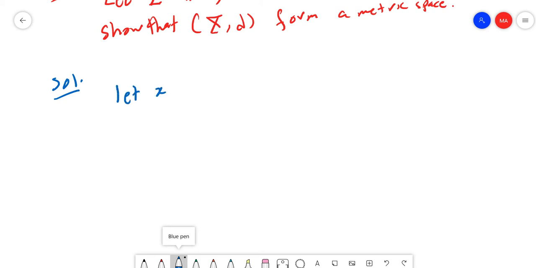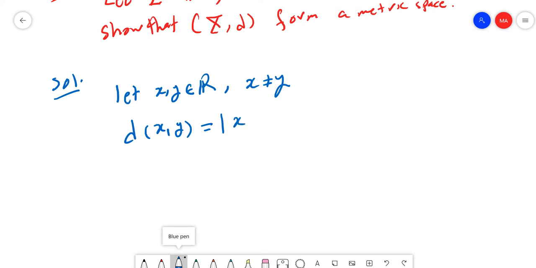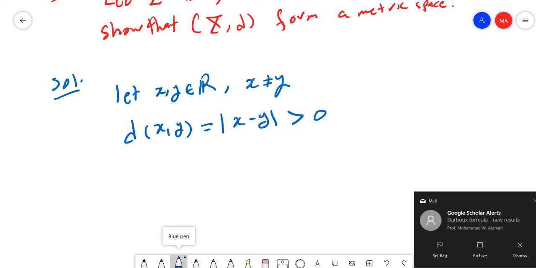Let X and Y in X, which is R, the whole real numbers, with X not equal to Y. Clearly, the distance between X and Y is equal to the absolute value of X minus Y, which is of course greater than 0 because of the absolute value.